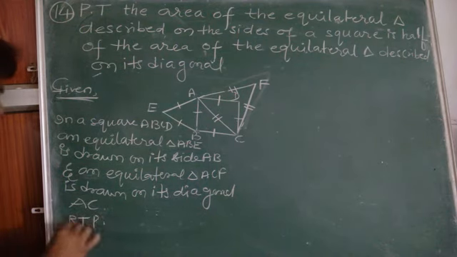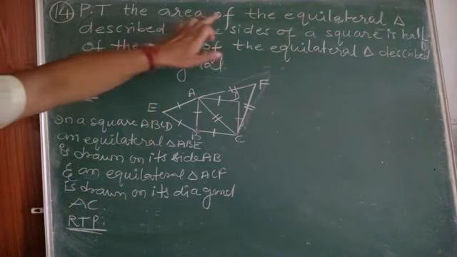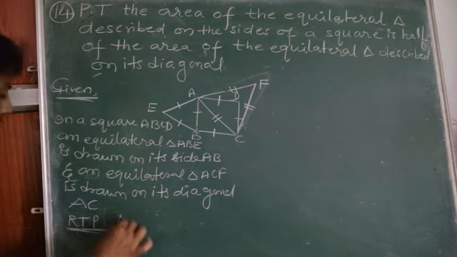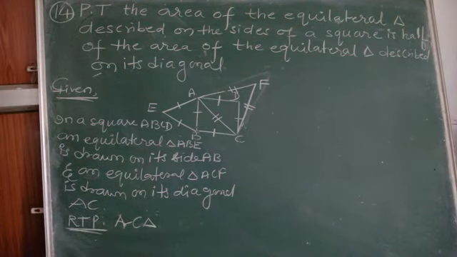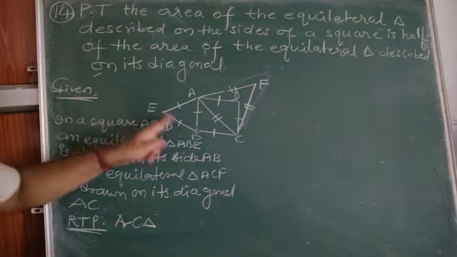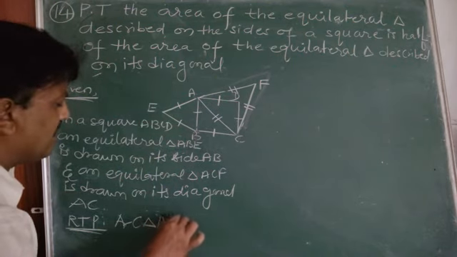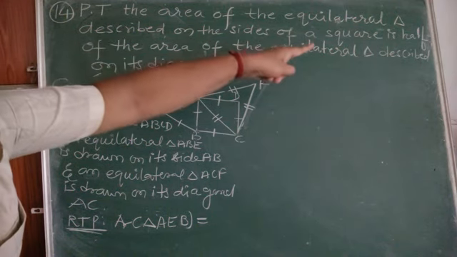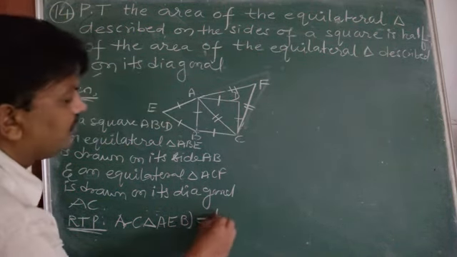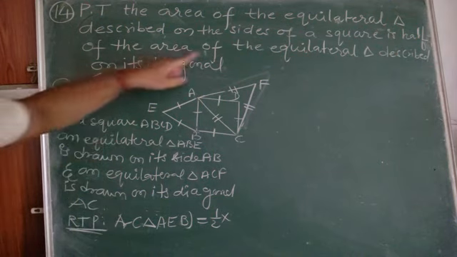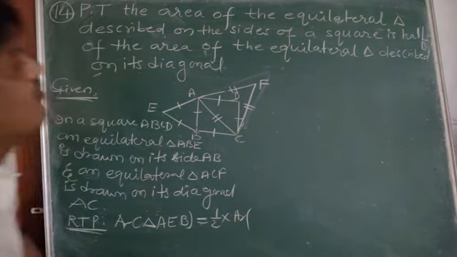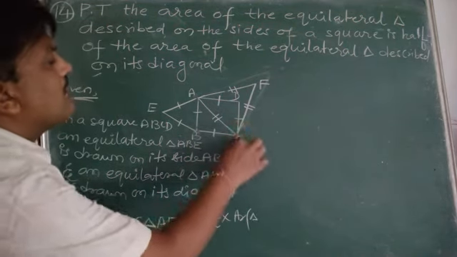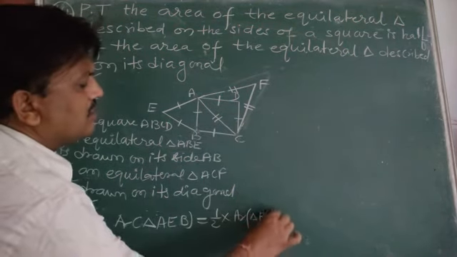Required to prove. Prove that the area of the equilateral triangle described on the side, that is the area of triangle AEB, which is described on a side of the square, is half of the area of the triangle described on the diagonal, that is ACF.